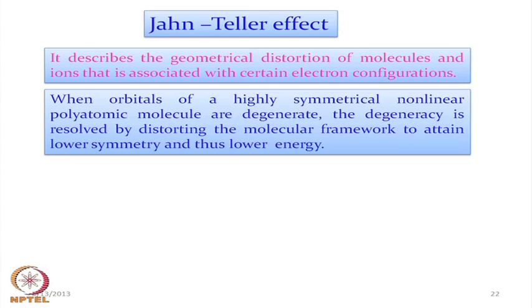We have seen that we have a triplet level, the T2g level, and a doublet level, the corresponding Eg level. So, this triplet level and the doublet level have degeneracies of 3 and 2. That particular degeneracy will be resolved or lifted if we have a particular type of electronic configuration which will be able to distort the molecular framework to attain lower symmetry, and thus lower energy.